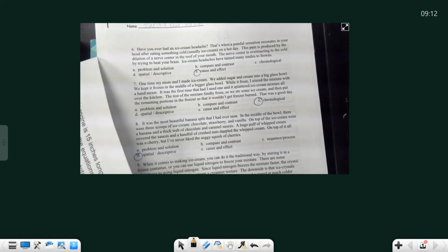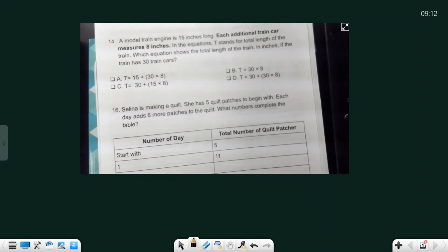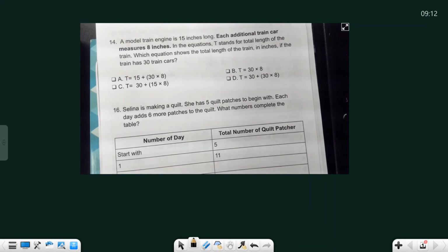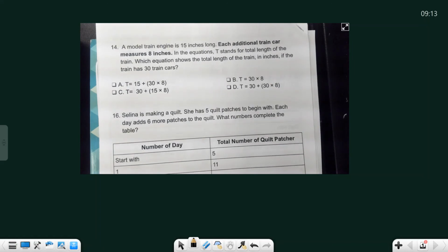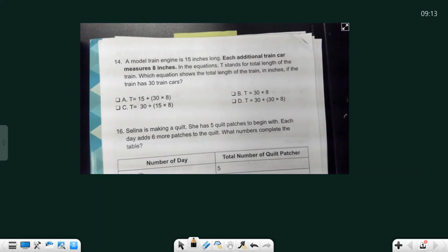Oh, yes. Last page. Page of the day. A model train engine is 15 inches long, just like the last one. Each additional train car measures 8, which would be your add number.